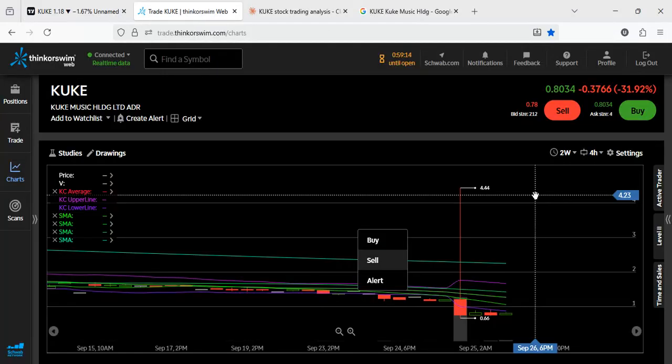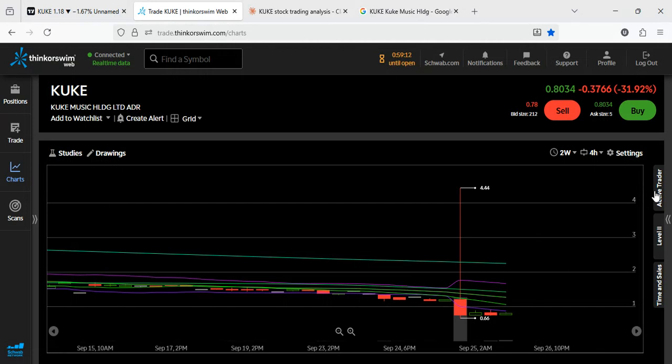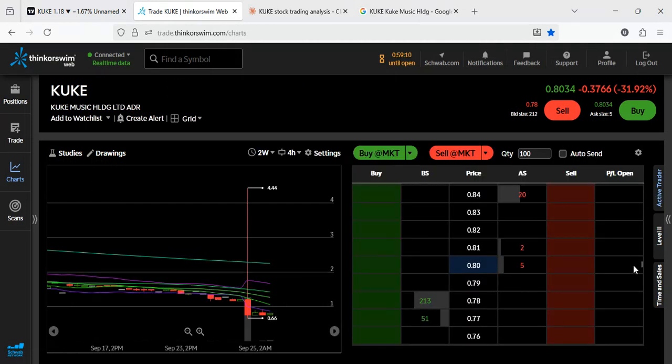Let's see how they are trading the stock. You can see it's highly volatile, and it's attracting a lot of attention, regardless of the potential manipulation.